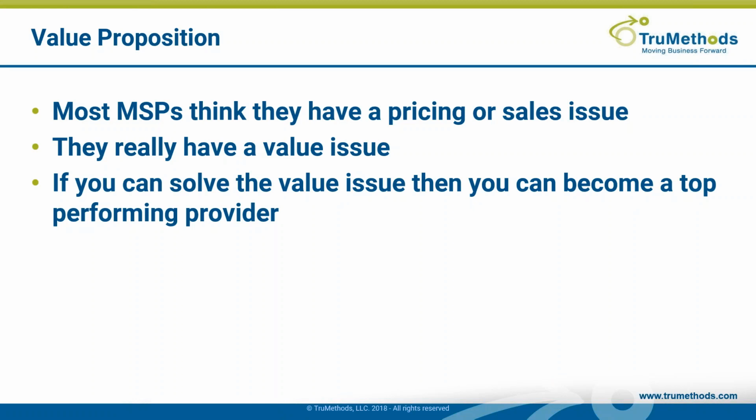They're not selling enough. They can't get those prices in their marketplace. And in every case, Bob, those are actually results of the issue. And the real issue is they have a value issue in terms of their offering and the perceived value to customers. And if you can solve the value issue, you can become a top performing MSP.